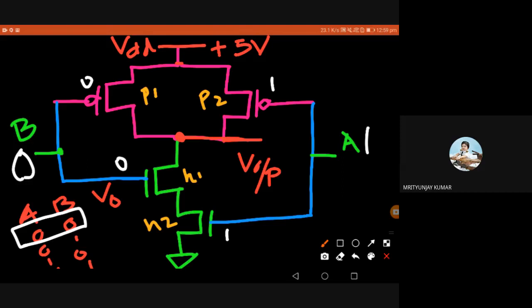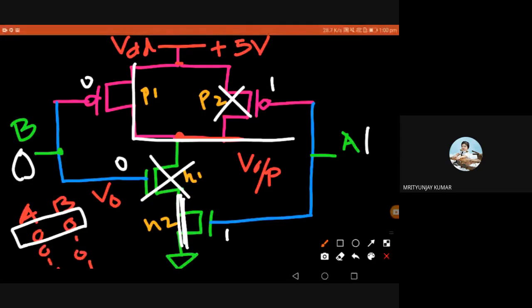Now what happens? We know 0 at P1 means it is on, so P1 is directly connected to V output, and plus 5 volt is coming to the output. And what about N1? N1 is off because its base is 0. But N2 is on. At the same time, P2 is off. Just see the circuit.